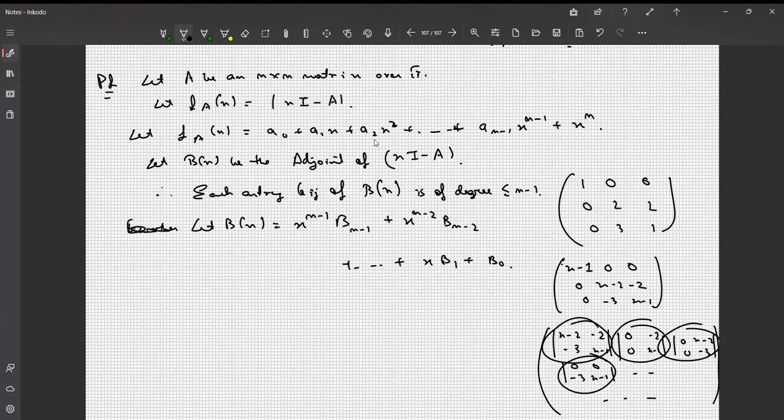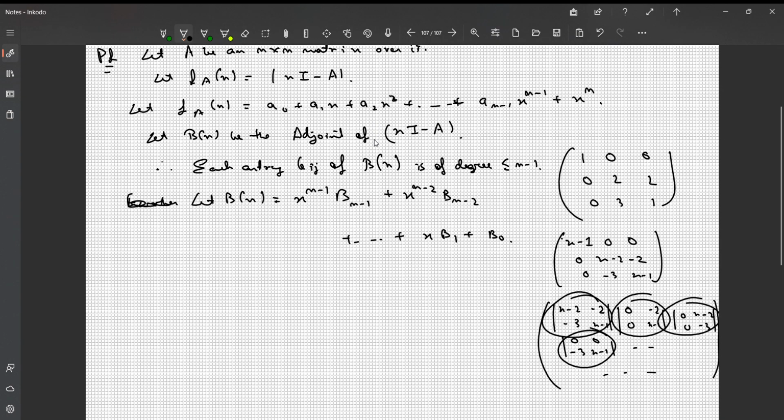This is an arbitrary representation of the polynomial matrix B(x). So each entry b_ij of B(x) is a polynomial in x of degree less than or equal to n minus 1, right?